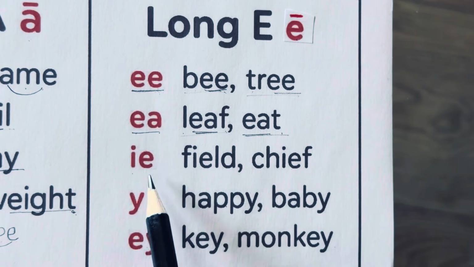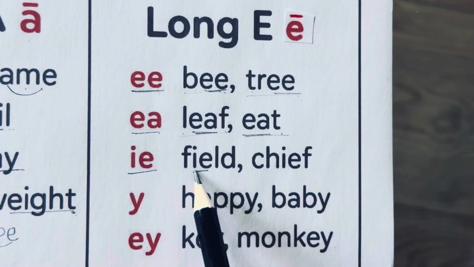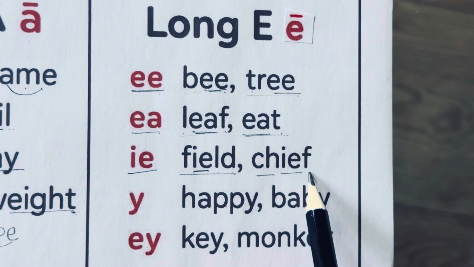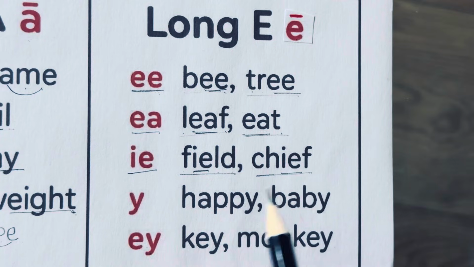I and E also make the sound long vowel E, as in f, i, e, l, d, field; ch, i, e, f, chief. This is another long vowel E spelling pattern.